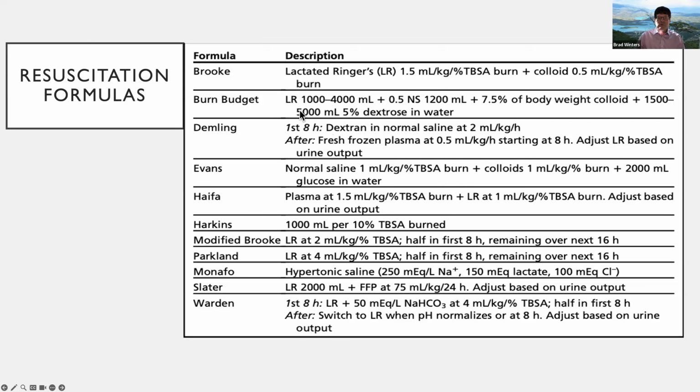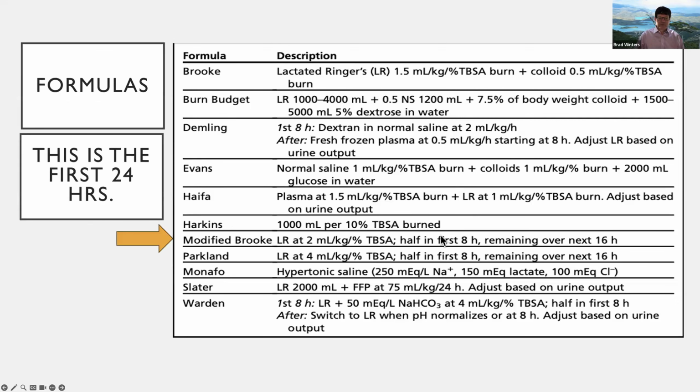But as you can see, most of them are based on lactated Ringer's or normal saline or a mixture of lactated Ringer's and normal saline, and then some, again, add colloid. Modified Brooke is probably one of the most common ones. And again, Parkland. This is what we use at our hospital, but I will tell you we modify it.